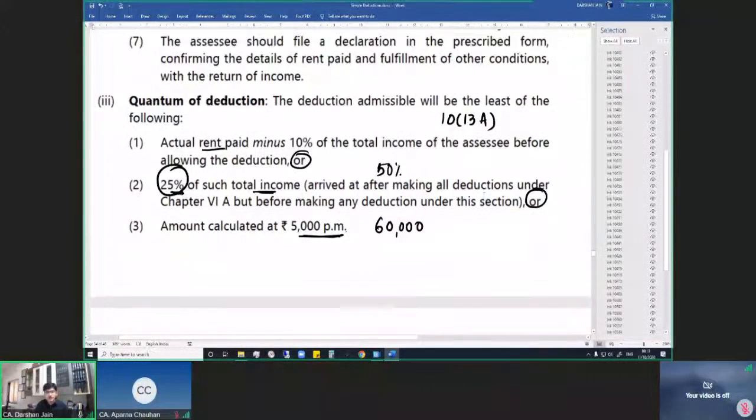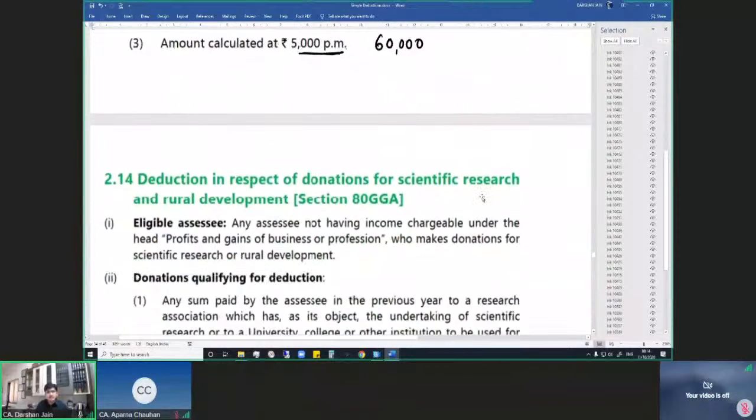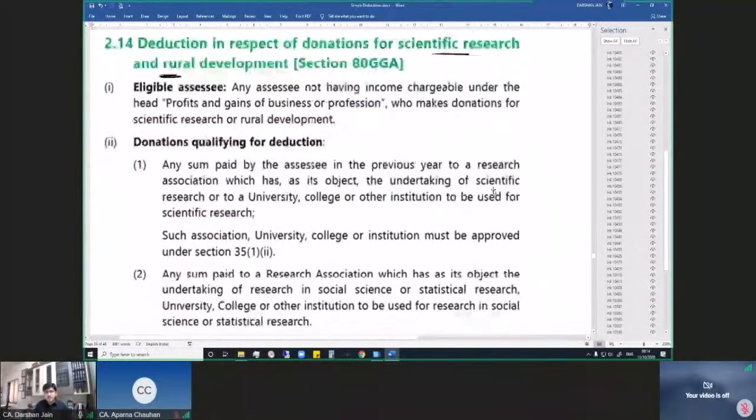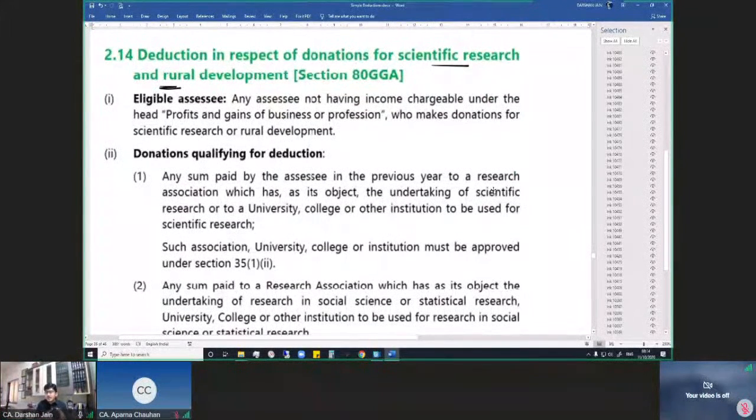and next let's move to 80GGA. Deduction in respect of donation for scientific research and rural development. So similar to what you read under the head of PGBP, section 35AC.